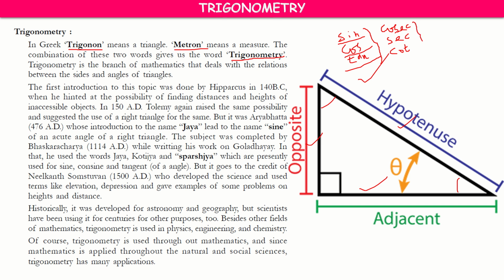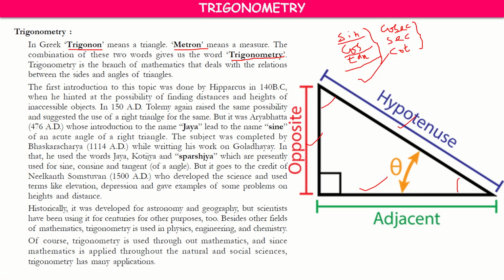Understand? So totally this makes six trigonometric ratios. Actually we have only three, that is sine, cosine, tangent. Their reciprocals are: sine reciprocal is cosecant, cos reciprocal is secant, and tan reciprocal is cotangent.